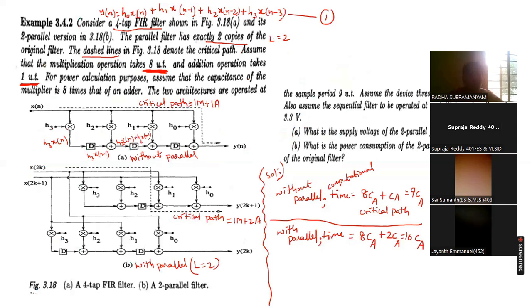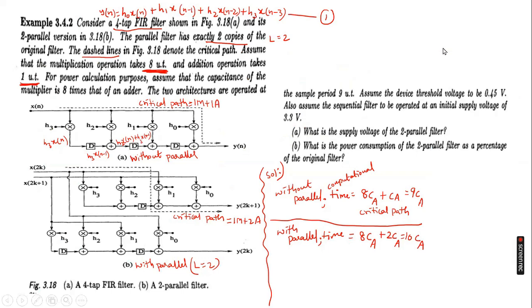These are the equations we got. In the question it is given that the threshold voltage is 0.45, which means Vt equals 0.45 volts, and the supply voltage is 3.3. Supply voltage means V naught, so V naught is 3.3 volts. We will use these two in the next equation.